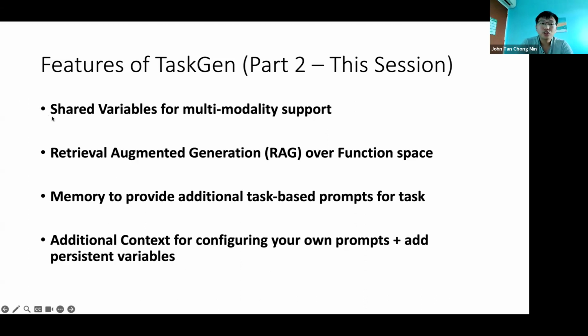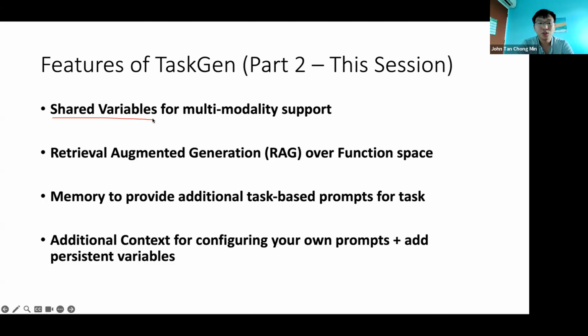So we have shared variables, which are what Brian has showcased just now also, to put data, like for example, the data from the JSON that you extract from your documents, in shared variables. If let's say you have a document thousands of words long, you don't want to put that in the agent history or agent planning context, because imagine if you download 100 documents, that will easily overwhelm the 8,000 token limit in ChatGPT or the 32,000 token limit.